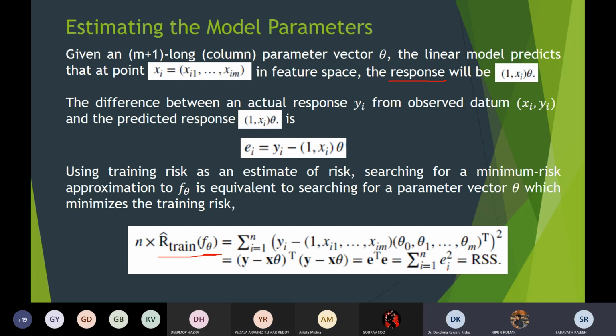This will give us the residual sum of squares. Residuals means what is left over. So in a regression model, this is the leftover ei, and we are taking the sum of squares of residuals, or the sum of squares of leftovers. This equation is known as the residual sum of squares, in other words the sum of squares of residuals.